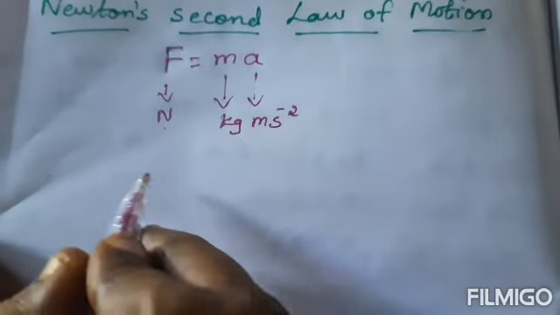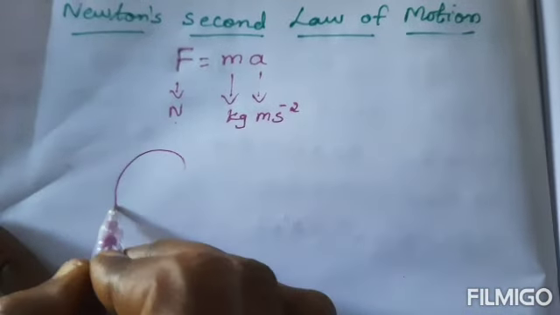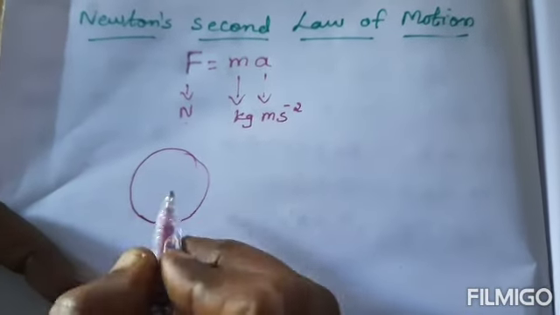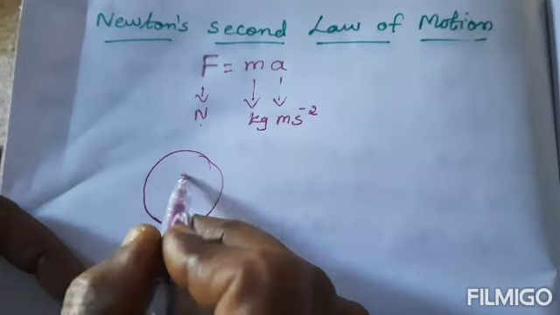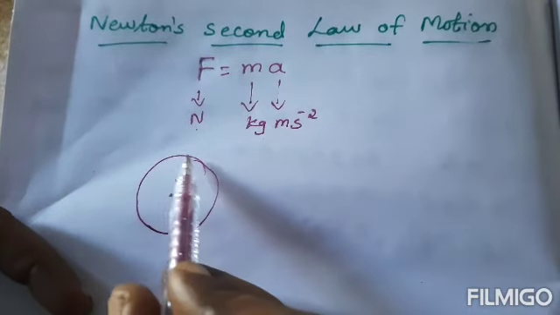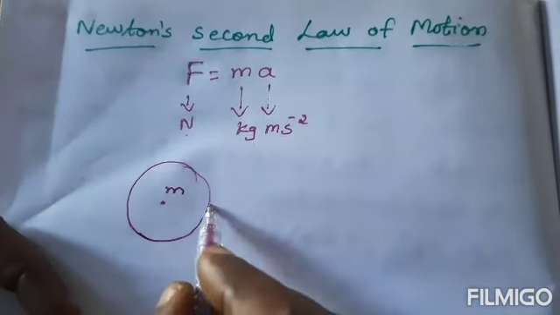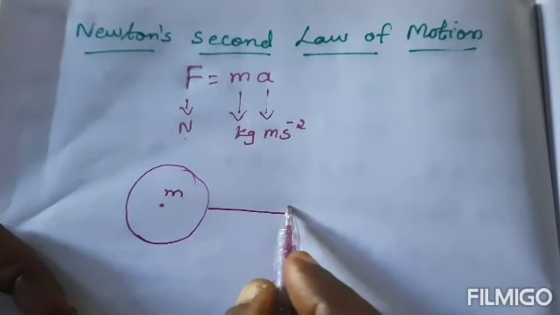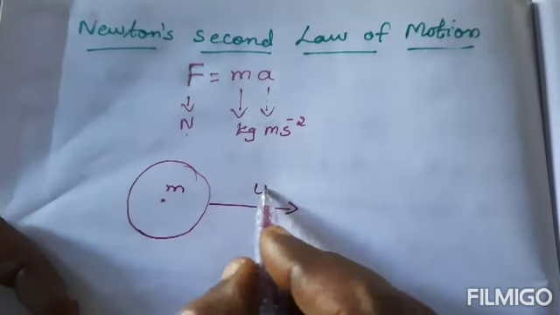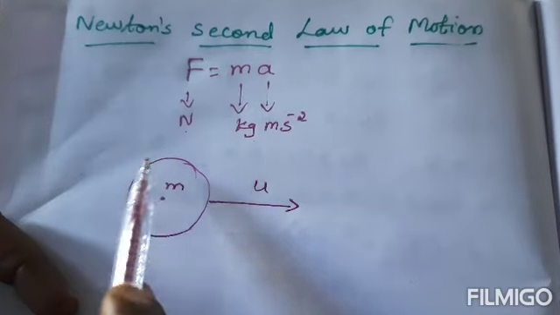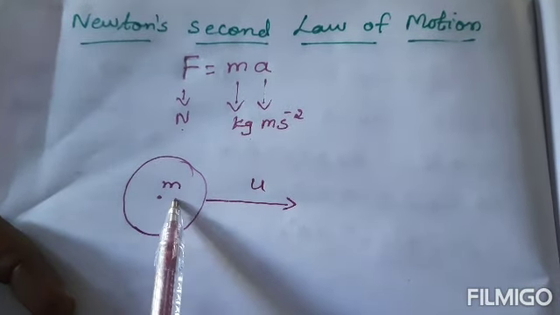Okay. First, let us consider an object of mass. Suppose this is the object. This object's mass is m. Let us consider the object of mass m moving in a straight line with the initial speed u.